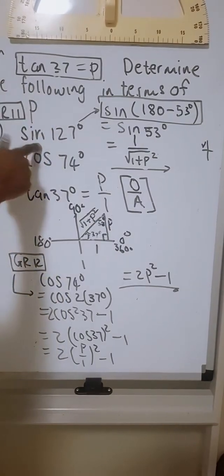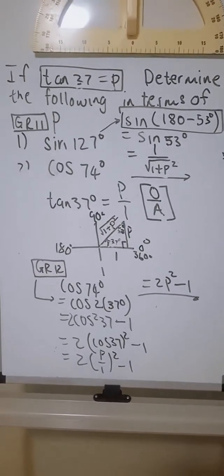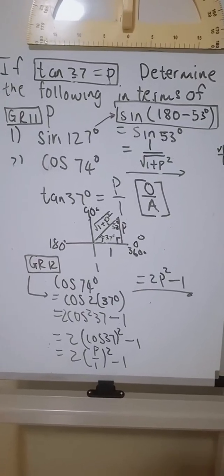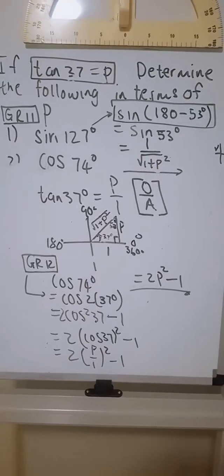So number 1, sine 127, is a typical grade 11, but number 2, cos 74, is grade 12, because we are applying our double angle to simplify and get the expression in terms of p.